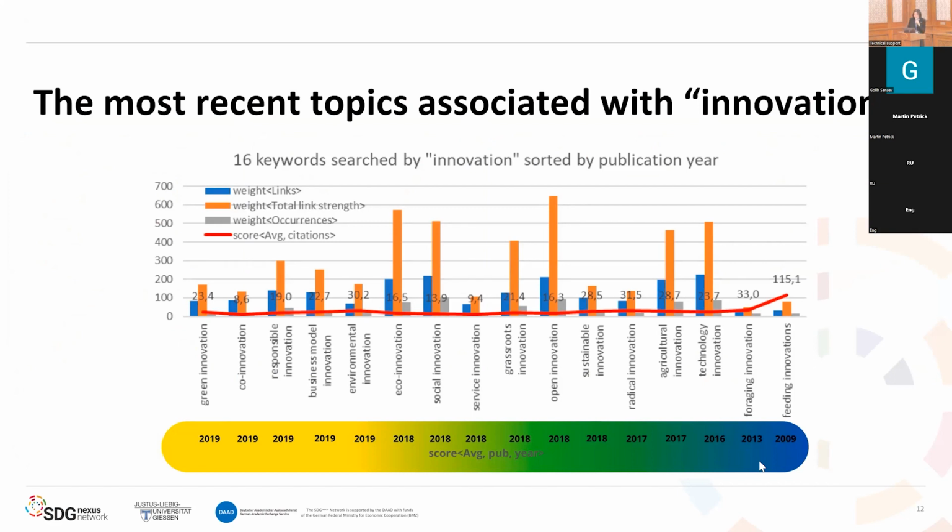Here we see that the most recent keyword is green innovation, and the oldest is feeding innovation, dated 2009, with an average citation score of 115. Our investigation of phrases with the keyword innovation reveals that we could apply three pillars: environmental, economic, and social.